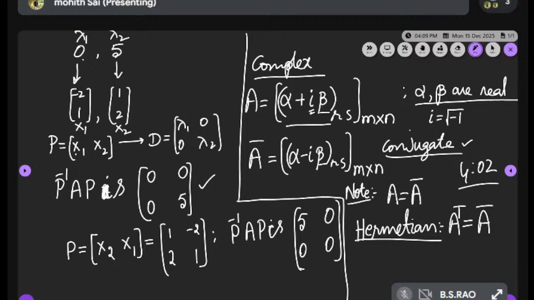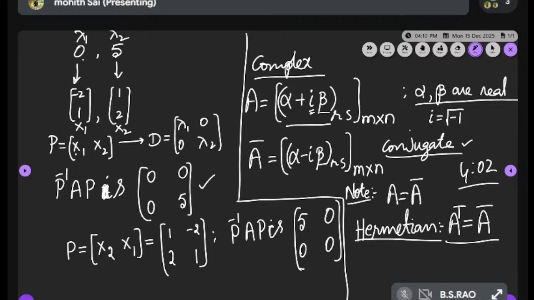Okay. A transpose equals A conjugate means, listen, by writing the transpose, it will be equal to A conjugate. If you find the eigenvalues of such a Hermitian matrix, they will definitely be real.